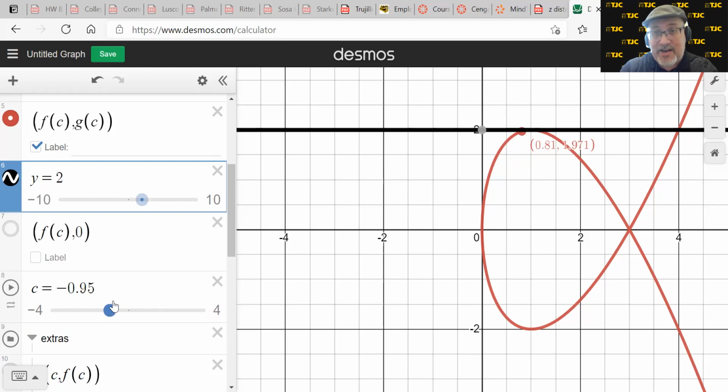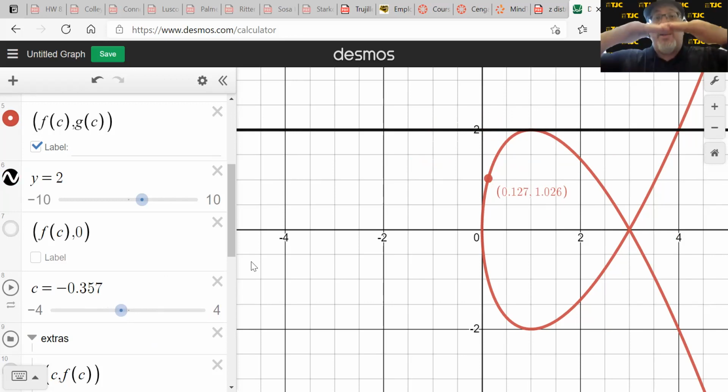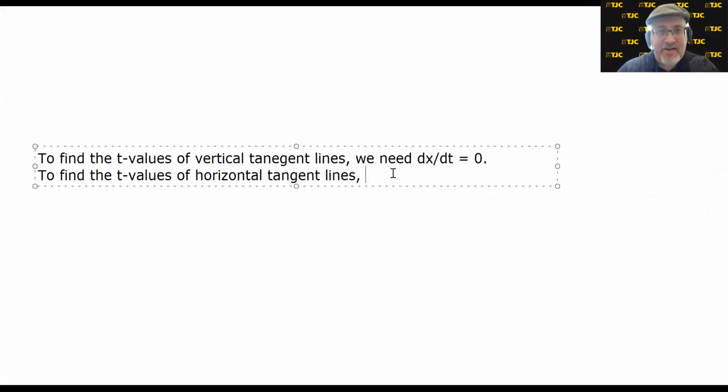Well, at the top, it's got to hit a vertical velocity of 0 because it's got to come back down. So as the point hits the tangent line up there, it has to come to a stop in the y direction. It's still moving in the x direction, but vertically speaking, it has to rise, stop, and then come back down. So when you have a horizontal tangent line, that's when dy/dt is equal to 0. So to find the t-values of the horizontal tangent lines, we need dy/dt equal to 0.